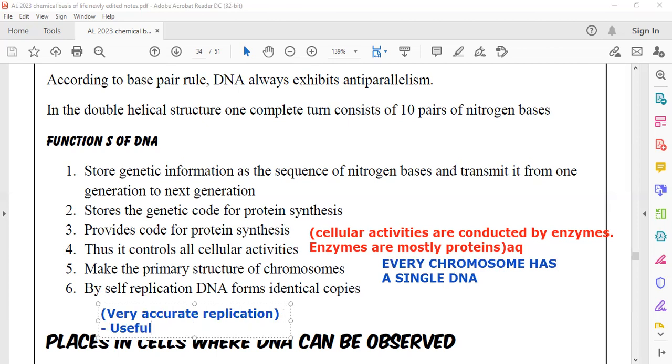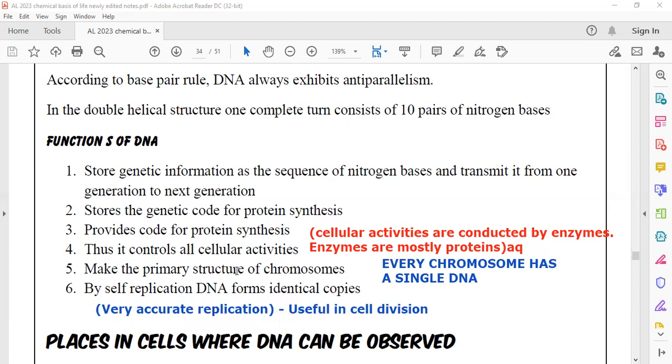When the cell divides, the chromosome also has to divide. In that case, DNA makes copies and supplies them to both cells coming from one parent cell. Are you clear?